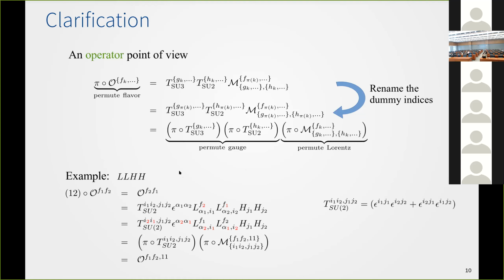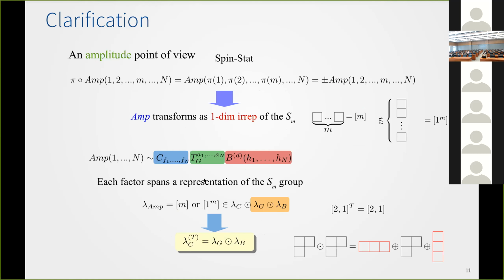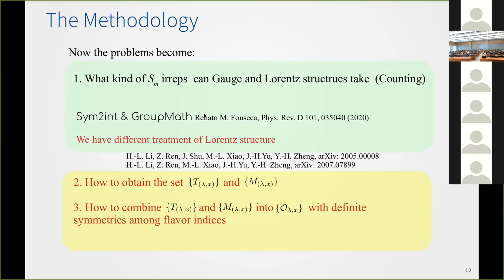So this tells us that the representation of permuting the flavor indices is just the direct product, or inner product, representation of permuting the gauge and Lorentz parts respectively, which can be shown in an example here, which I'm not going to detail. The same conclusion can be obtained from the amplitude point of view, which I'm not going to detail due to the time constraint.